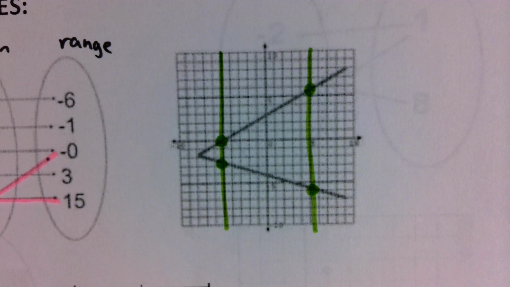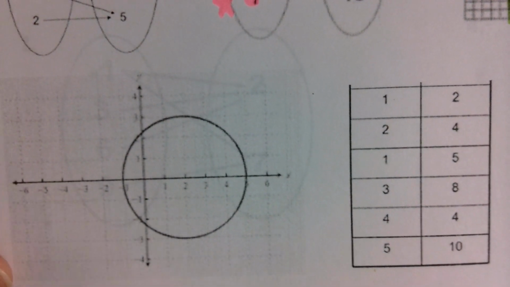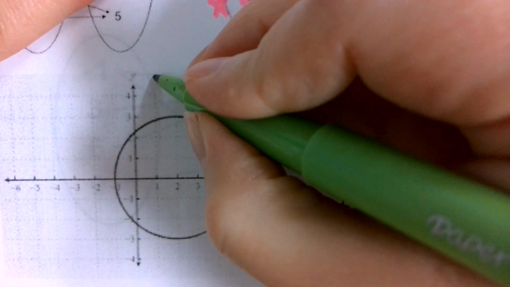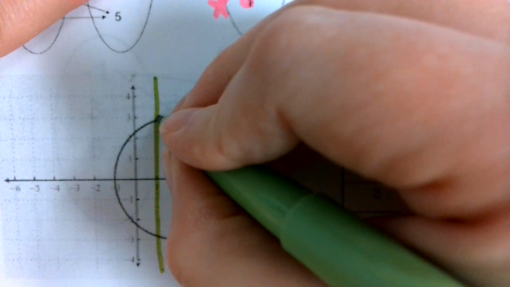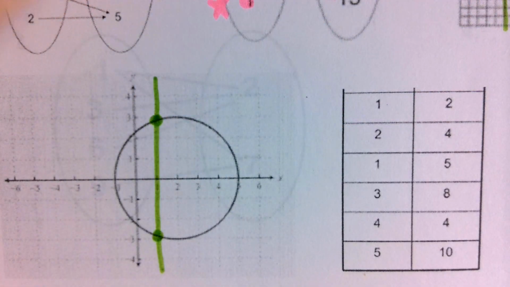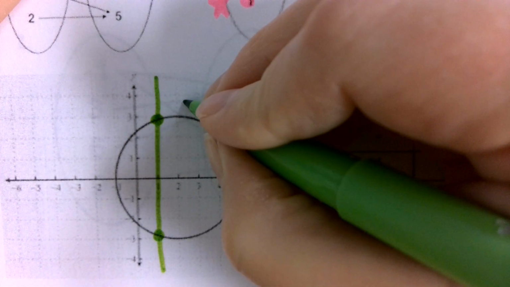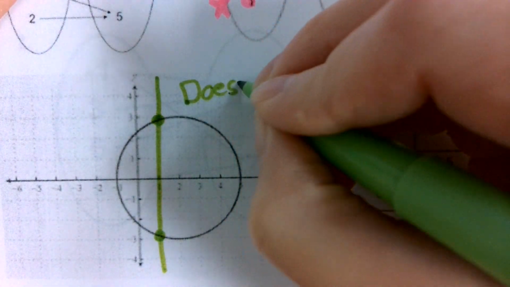So at any point, if you are able to draw a vertical line and cross it at more than 1 point, it's not a function. The goal is for you to see if there is any place that you can draw the vertical line that will cross at 2 points. If it can, then it's not a function, because it doesn't pass the vertical line test.